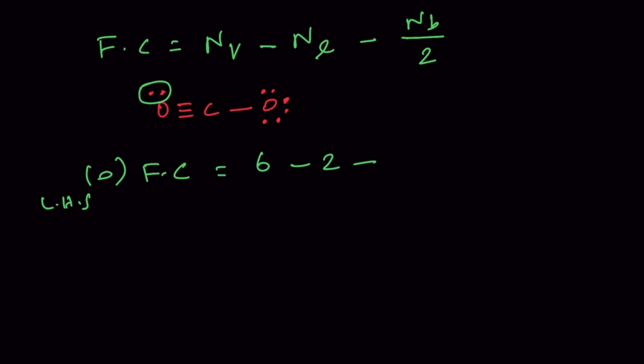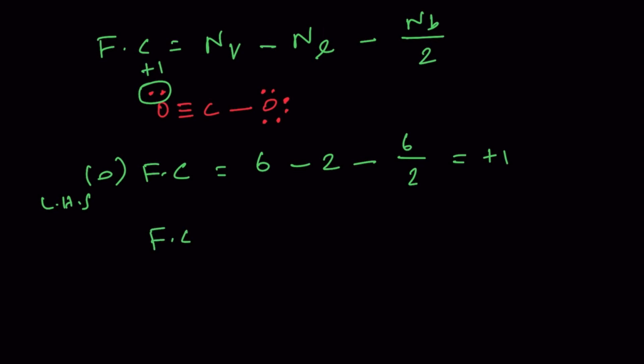We have 3 bonds between carbon and oxygen and therefore 6 divided by 2. Therefore, this will be 4 minus 3, therefore, this will be 1. So, the formal charge for this oxygen atom is plus 1.